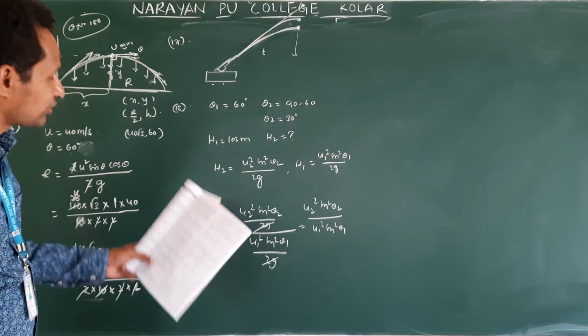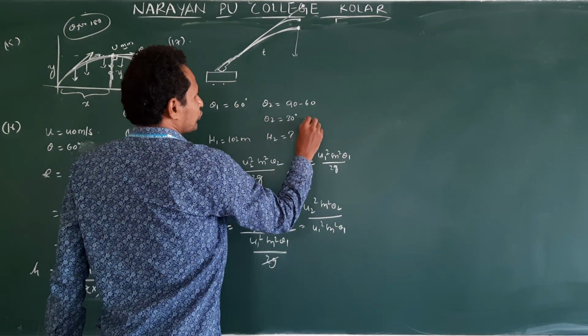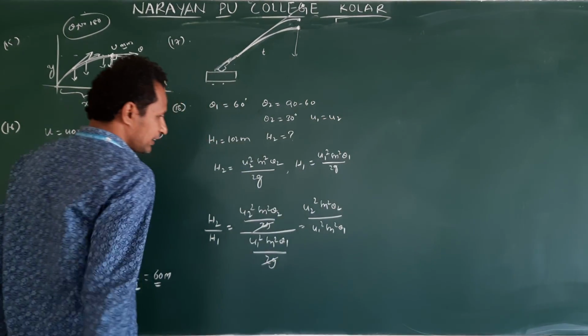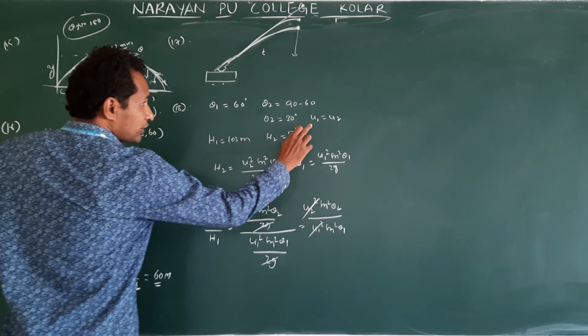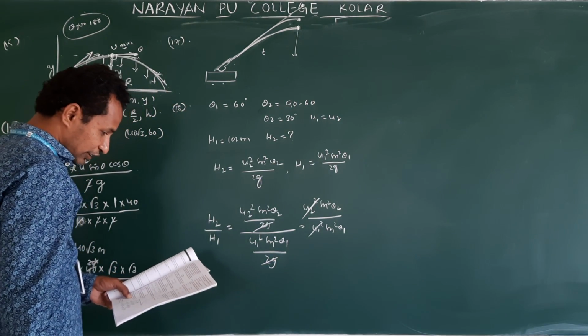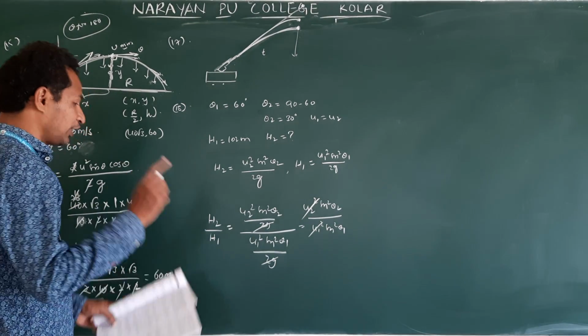And also they mentioned the same speed. We forgot this. Same speed means u1 is equal to u2. In that case, these two will be cancelled. They mentioned the same speed in the question. Actually, I did not concentrate. So this is a very important part. We need to read the question carefully.